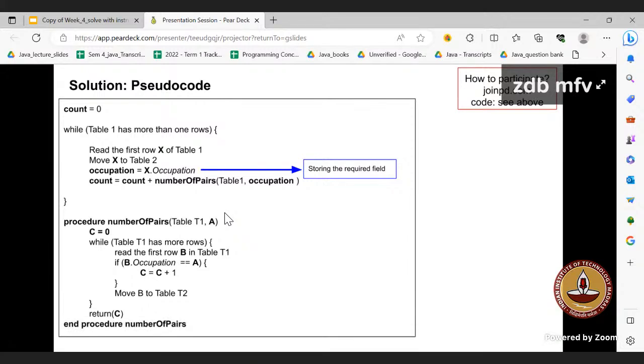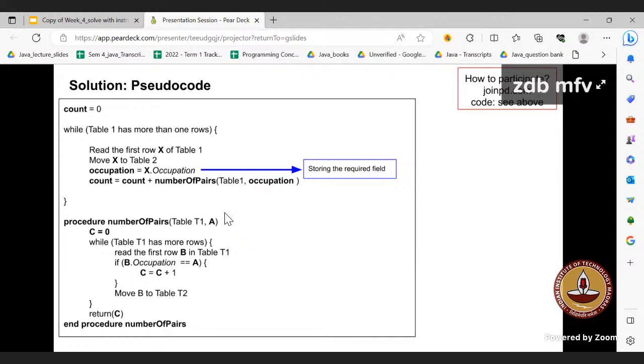From here we are comparing if B dot occupation is equal to A. B is the first row of table 1. It is the second, but it is the first here because we have moved the first row to table 2. And we are assigning a variable A here in the procedure.